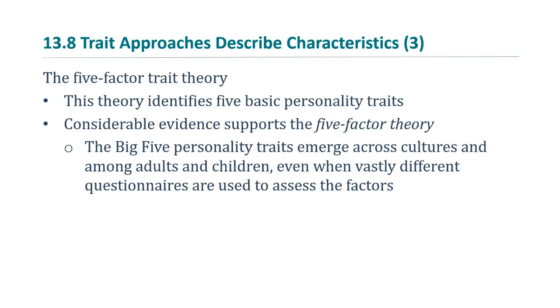The Big Five personality traits emerge across cultures. So you can look at different cultures around the world and find the same five personality traits among people, and also among adults and children. So it's not restricted to any particular age.